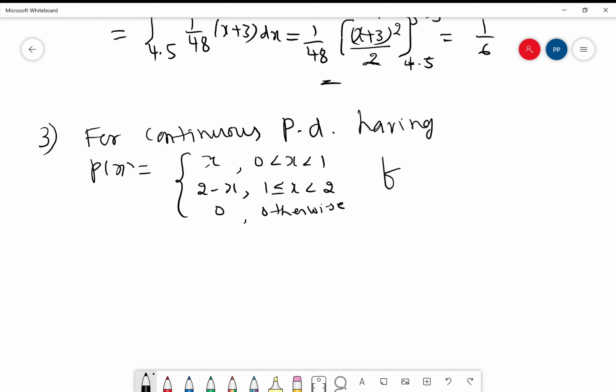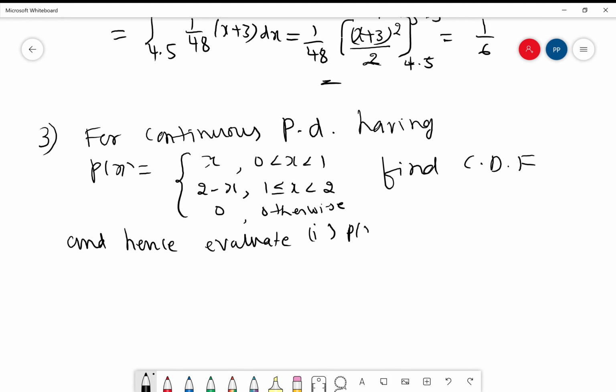Find the CDF and hence evaluate: number 1, probability of x less than 0.5.